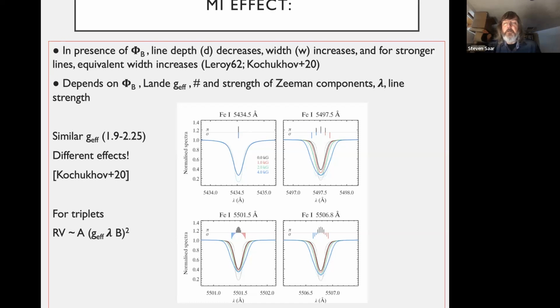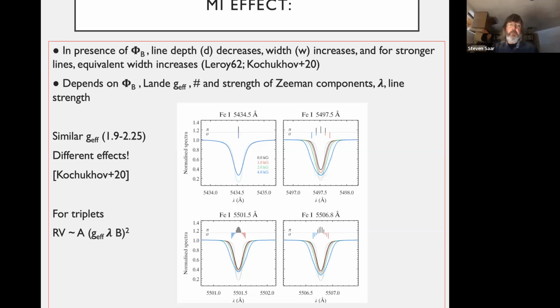And when you model the lines under different magnetic field strengths, you can see that even though the g effective of a line, which is often used as a diagnostic for how sensitive the line is, is basically the intensity weighted average of the sigma components, even though these three lines have quite similar g effective, their actual effect on the line profile is quite a bit different. The upper right line, 5497, is quite a bit more effective, say, than the lower left line.